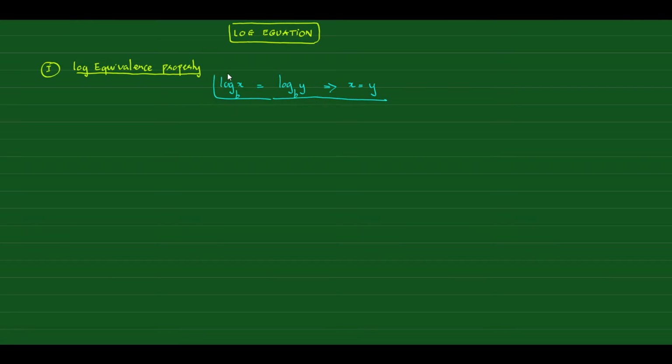How are we going to understand this property? It means that if we have two logs and the base is the same, then we can set the arguments equal to each other. This property is very helpful. Believe me, it helps you to solve many log equations. I mean the simple ones; of course, for the harder ones we're going to use a different way of solving. But this one will help you to solve a very simple log equation.